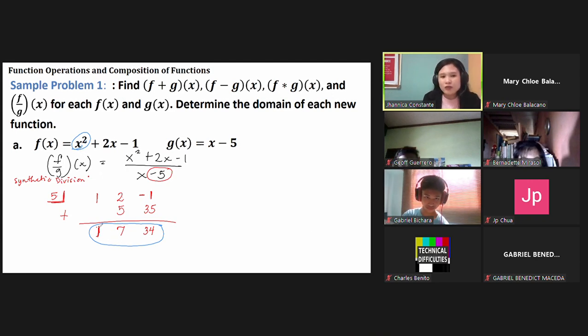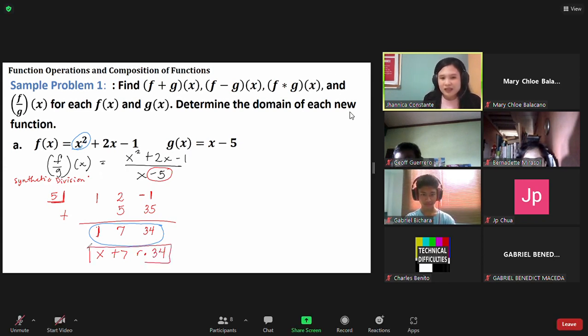Since the coefficient is 1, you will use variable x, since we're not going to write the invisible 1. So we have x plus 7, and we have the remainder, which is 34. That is the quotient once we divide the two functions x squared plus 2x minus 1. That is synthetic. If you want to use long division, this is long division.